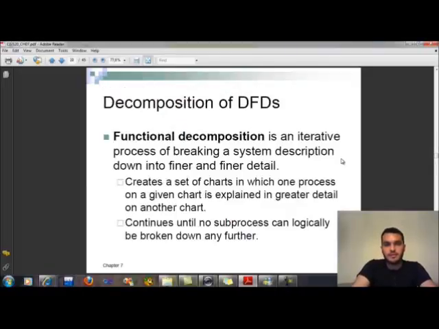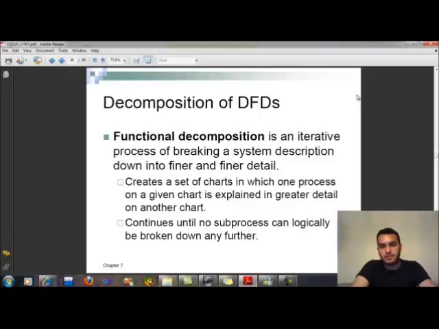And the decomposition of DFDs. Functional decomposition is an iterative process of breaking a system description down into finer and finer detail, and prepares a set of charts in which one process on a given chart is explained in greater detail on another chart.